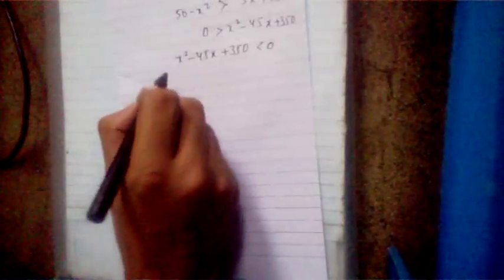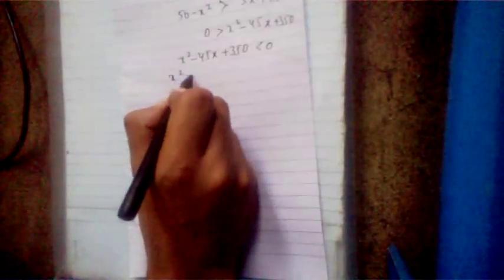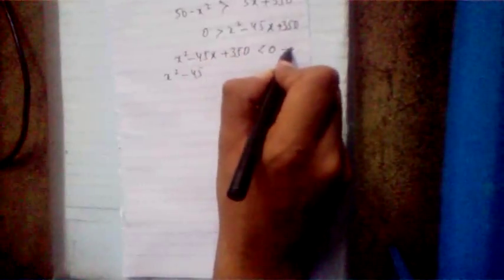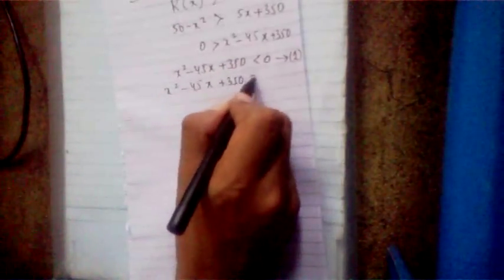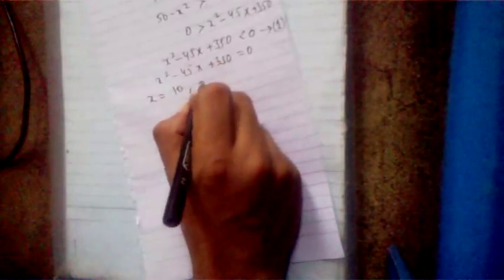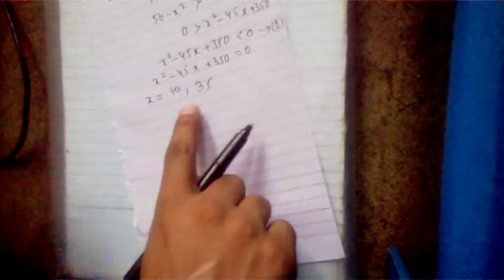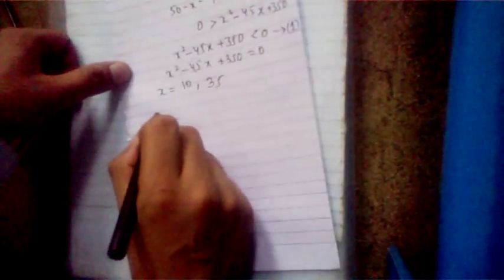Name this inequality as inequality 1, associate an equation to it, solve it, and you will get x is equal to 10 and x is equal to 35. So these two are the boundary points of your solution region.